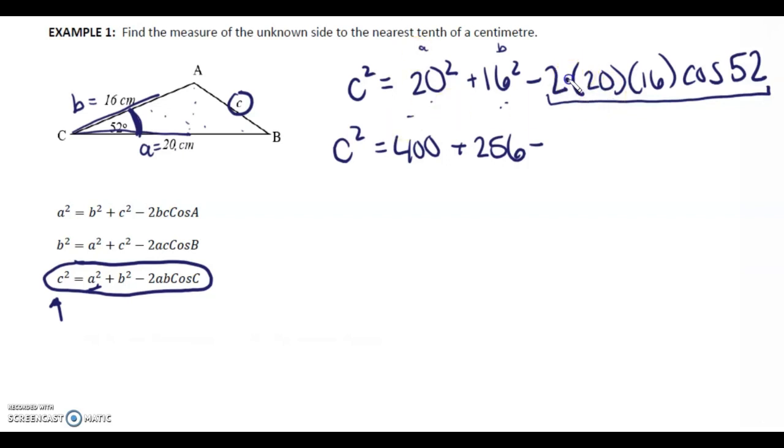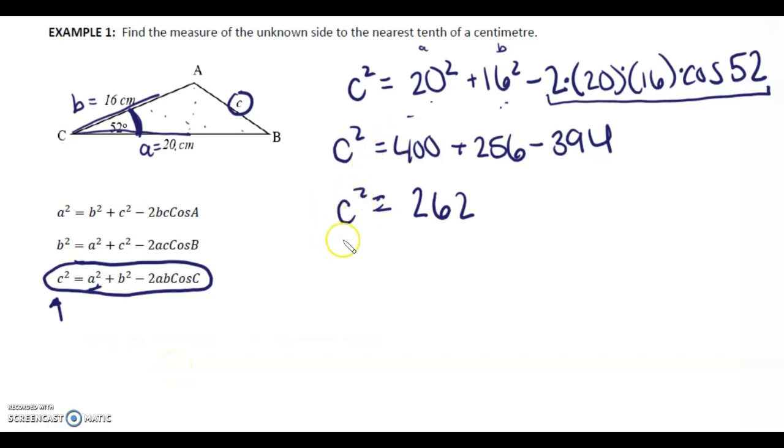This is all multiplied, so don't stop after the 16, also multiply by cos 52. And I get minus 394. I'm going to round to one decimal, so that's fine. If we do 400 plus 256 minus 394, we get 262.